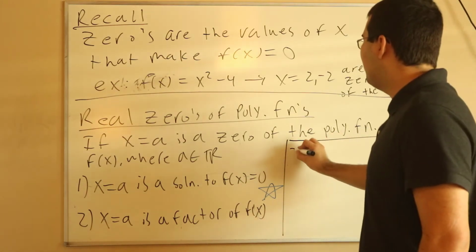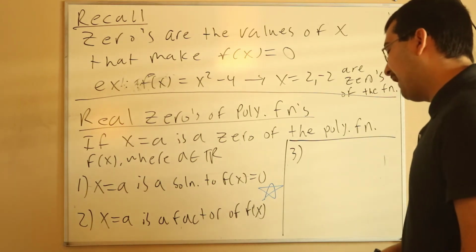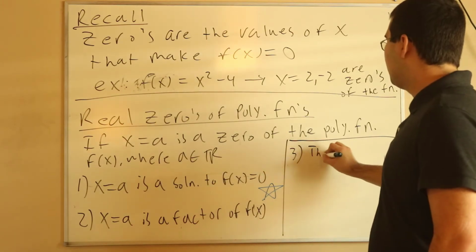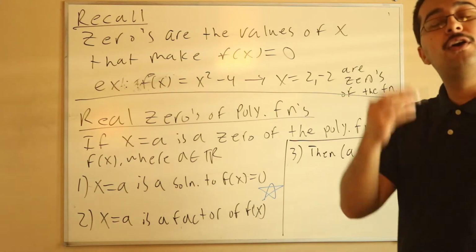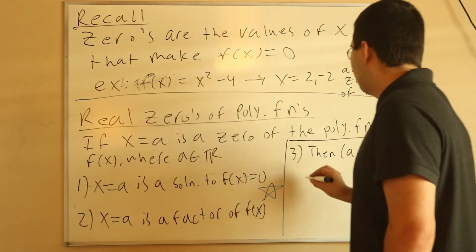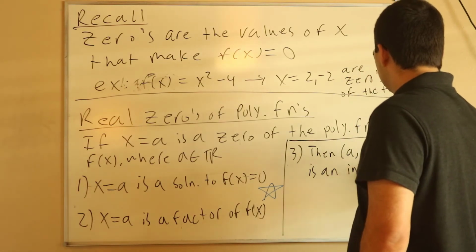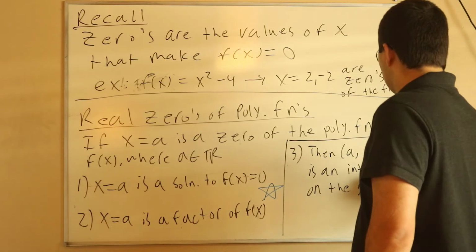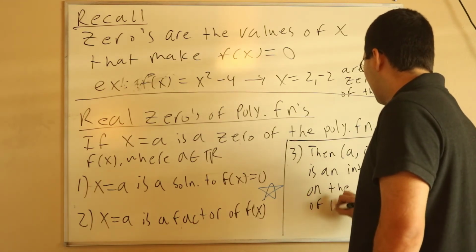And then the last statement we can make, and this is the statement that's more relevant to today's lecture, is that if I have a 0, then the point a comma 0 is an intercept on my graph. So this is the important one for us today.